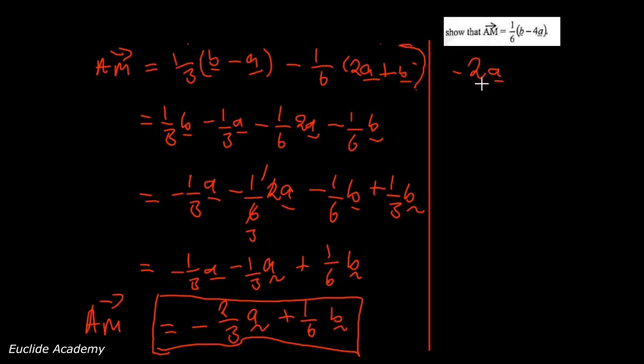Okay, let's just do it directly from here. So we can find the common denominator. There are 3 over 6, common denominator 6, and then we say 3 into 6, that is 2 times negative 2, that is negative 4. So that is negative 4a, plus 6 into 6, that is 1, 1 times b, that is b.